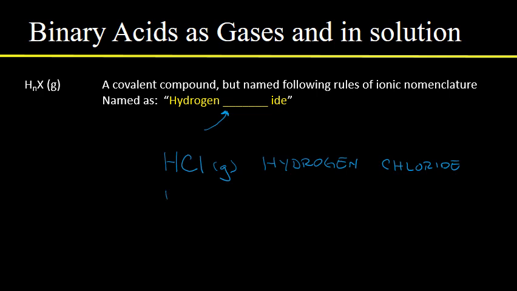And as we mentioned a little bit ago, because sulfur forms a 2 minus ion, the form of this one is H2S. So this would be hydrogen sulfide.